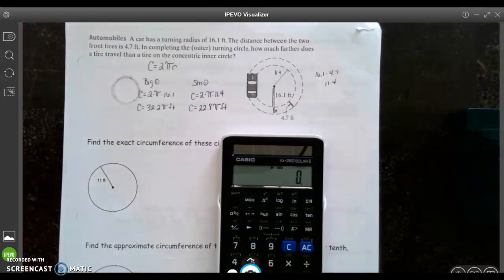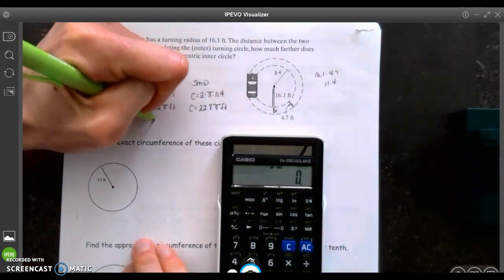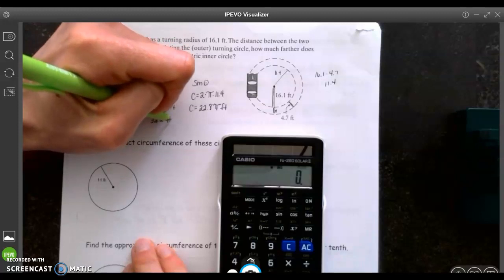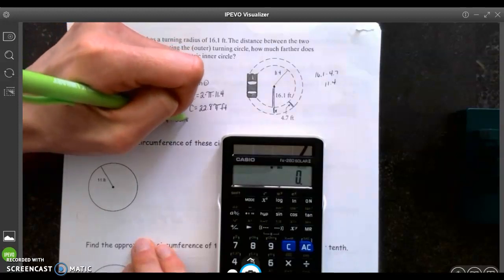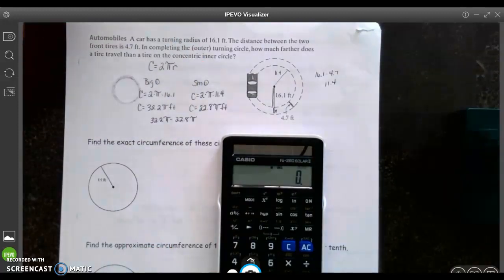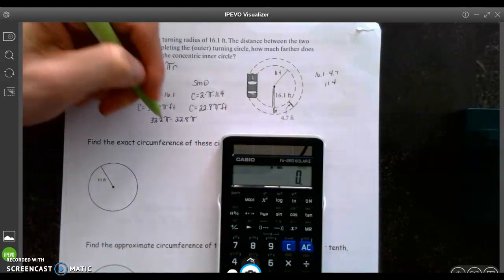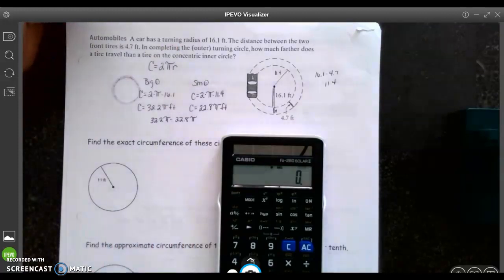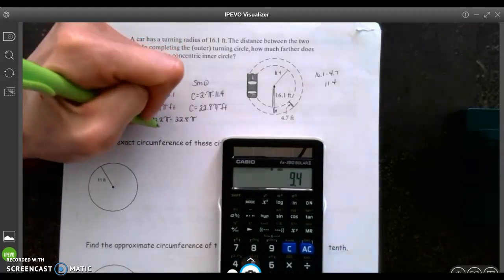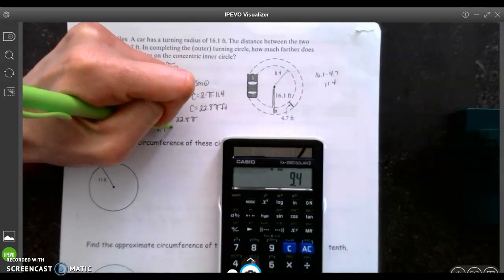So I'm going to take 32.2 pi and subtract 22.8 pi. I can subtract those because those are like terms. They both have pi in them. It's like if I subtract 4x from 2x. If they both have x in them, they're the same. These both have pi in them. So I'm going to do 32.2 minus 22.8 and get 9.4 pi.